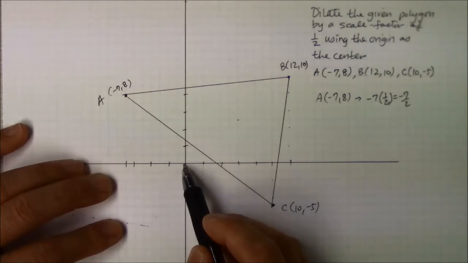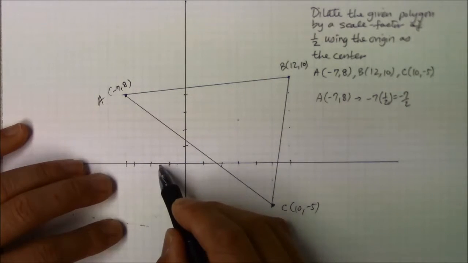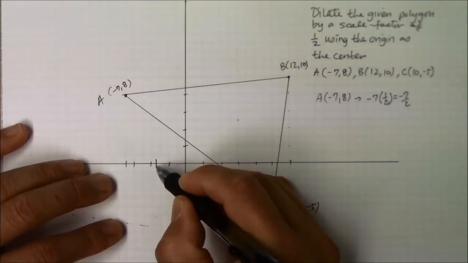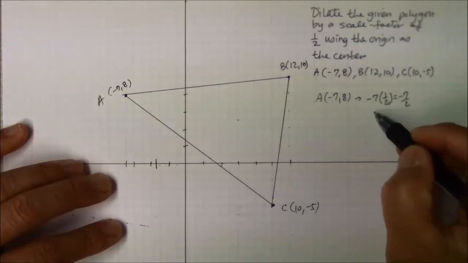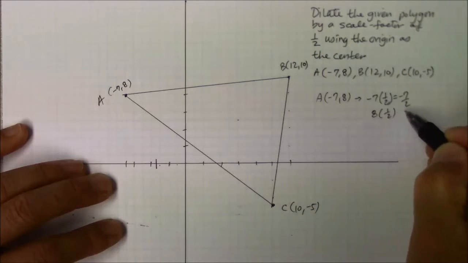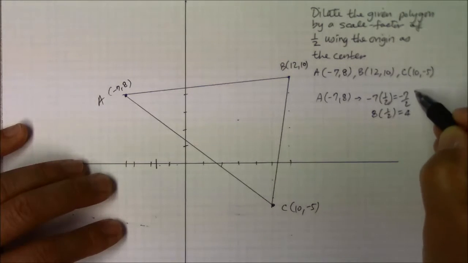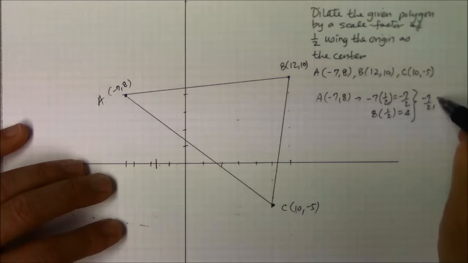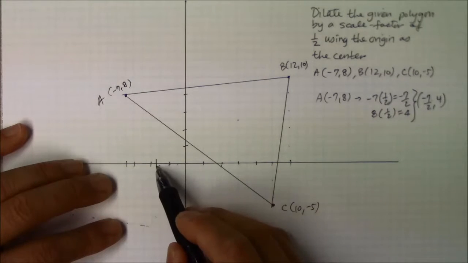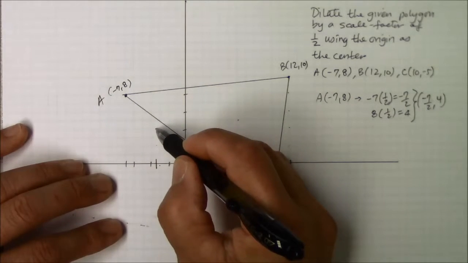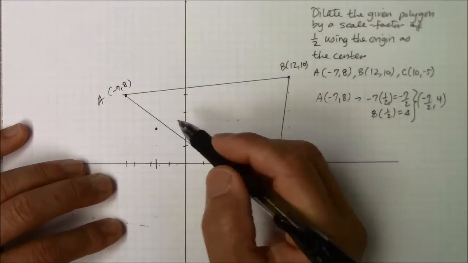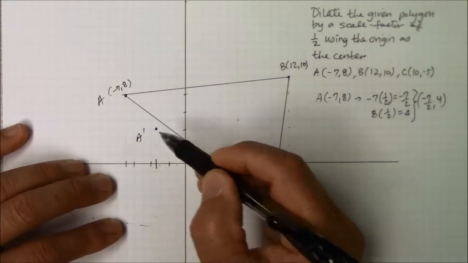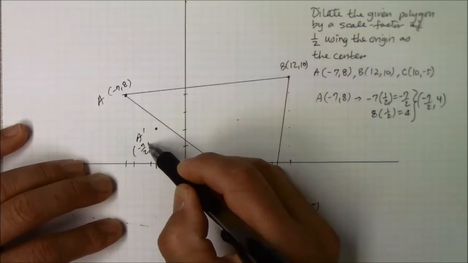So the x is -3, 1, 2, 3 and a half, right there. And the y value is 8, so we take half of that. Half of 8 is 4. So the new coordinate, A prime, is going to be at -7/2 and 4. This will be the new location right there. That's A prime at the coordinate -7/2 and 4.